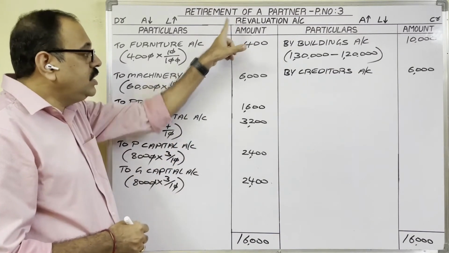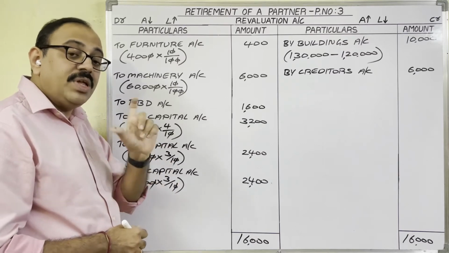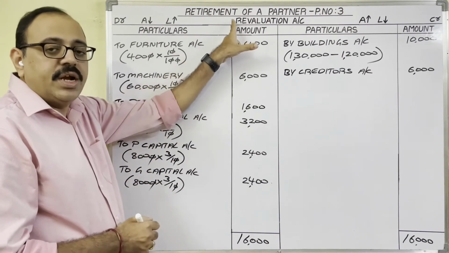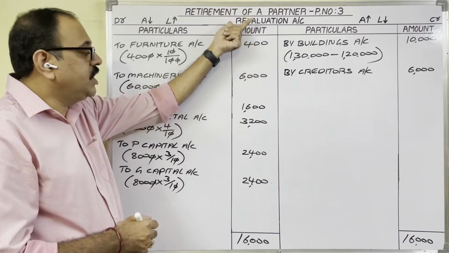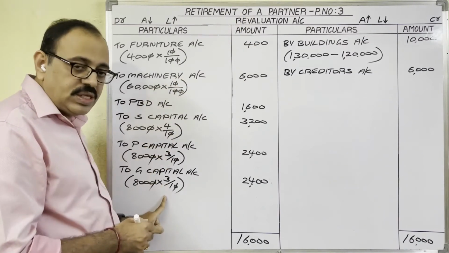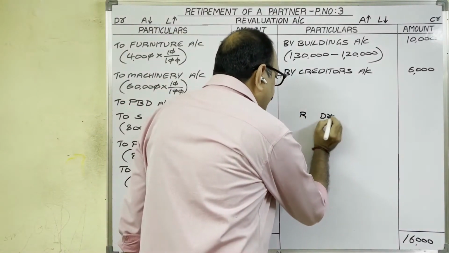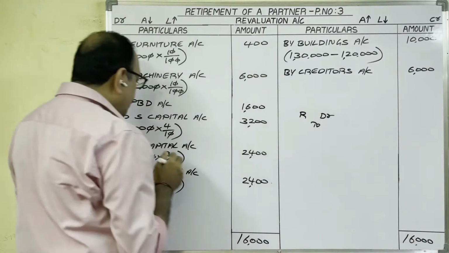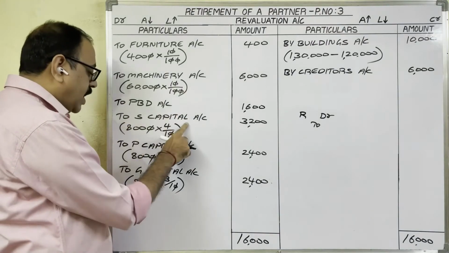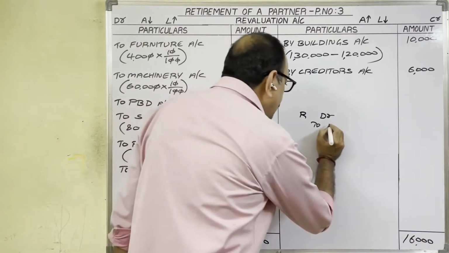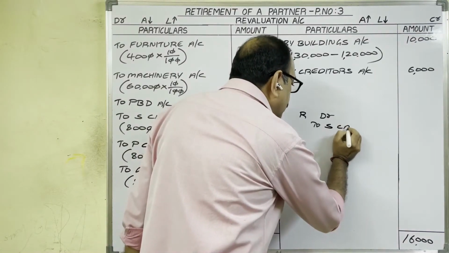So based on this posting, let us frame the journal entry. Revaluation account should be debited, because in the revaluation account, on the debit side only, we wrote these three amounts. Revaluation account debtor. In the particulars column we wrote S capital, P capital, G capital. These three amounts we should credit.